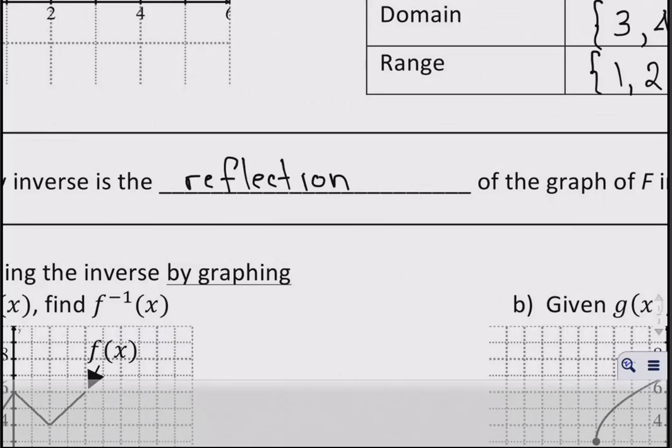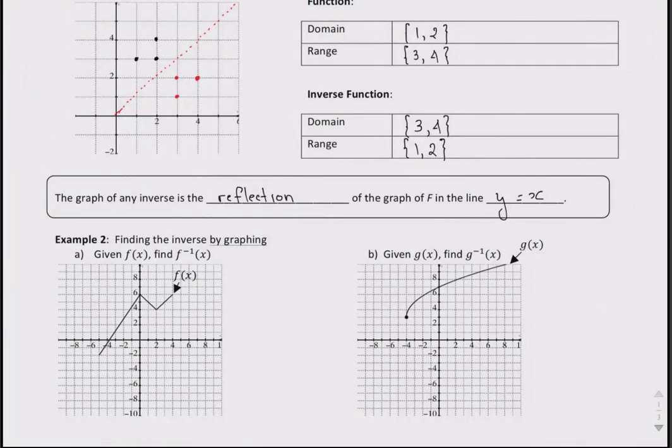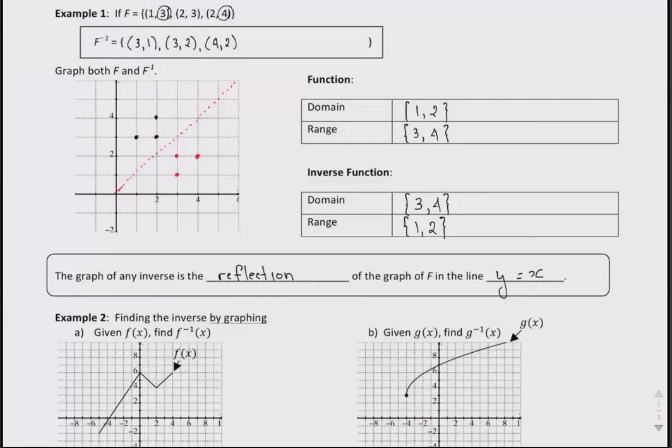In other words, I don't necessarily always have to determine the inverse from an equation. If I can just draw the 45-degree angle line and reflect the image I have in front of me, I have its inverse just by drawing a graph. We'll take a look at some more in example 2.